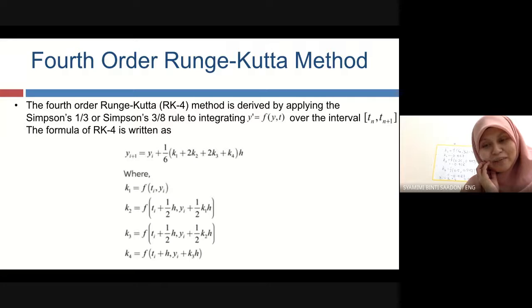Sometimes with the fourth order Runge-Kutta method, if we try to program it, we can program it, but of course it takes longer computation time to solve, and sometimes our program hangs or gets stuck. So there are advantages and disadvantages.